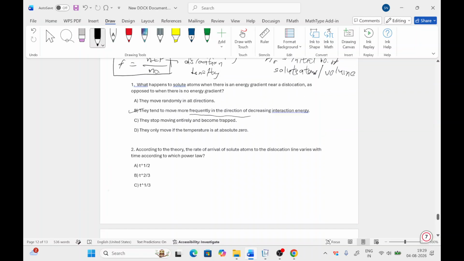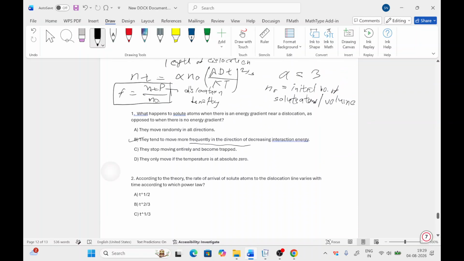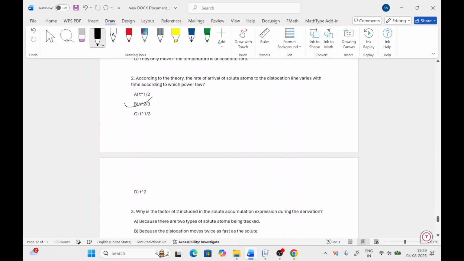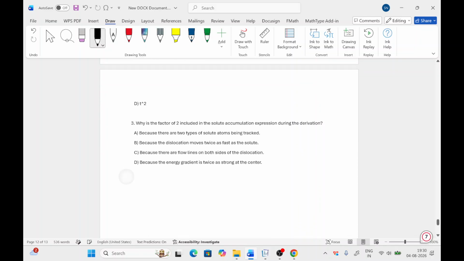Here we derived it, 2 by 3. So t raised to power 2 by 3 is correct. Third is, why is the factor of 2 included in the solute accumulation expression during the derivation? Because there are flow lines on both sides of the dislocation. So C option is correct.